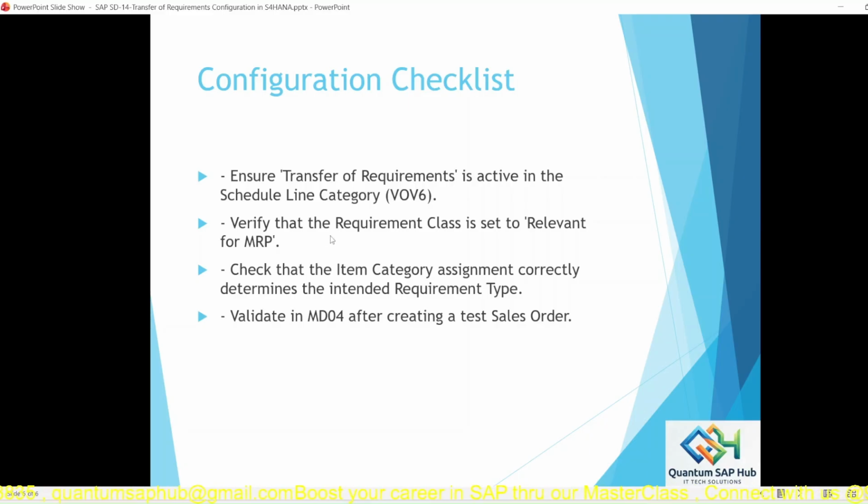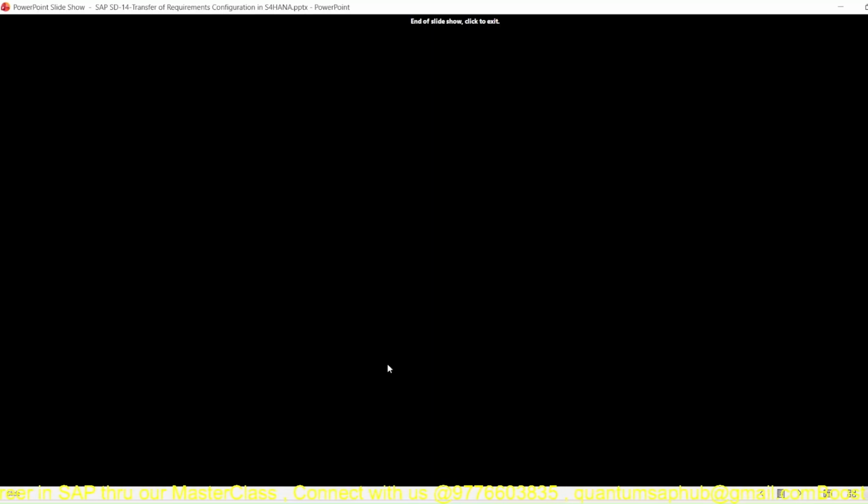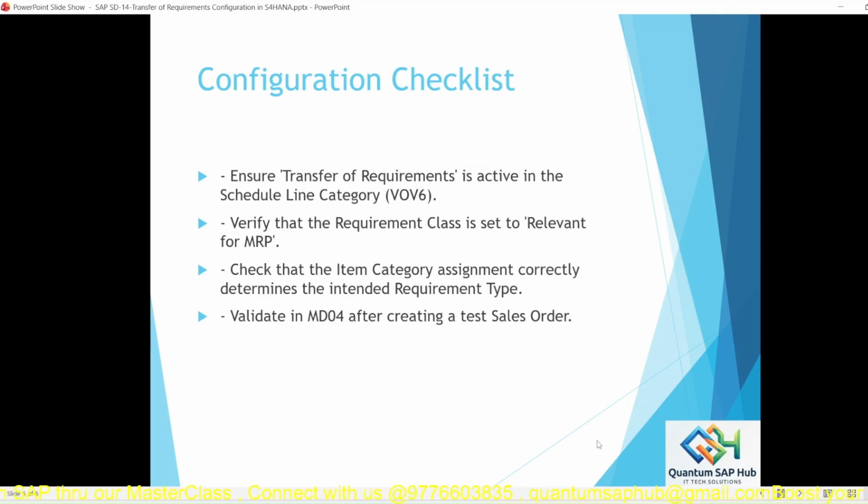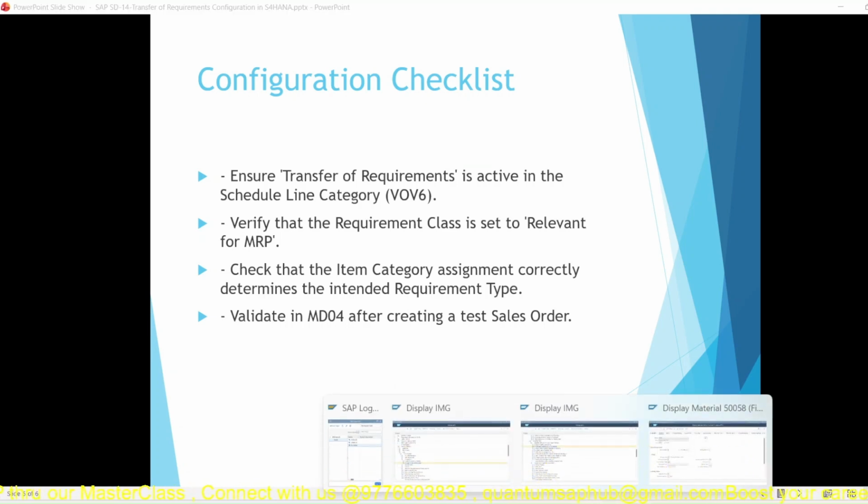Second, the requirement class is set to relevant for MRP. Then check that the item category assignment correctly determines the intended requirement type, and then you validate in MD04. So these are all the concepts on the TOR.